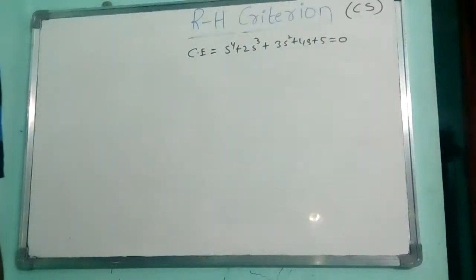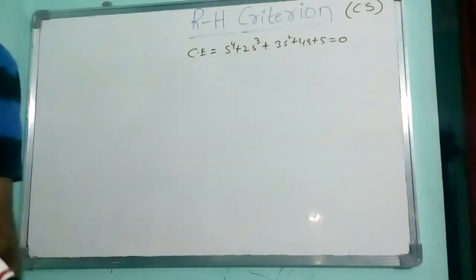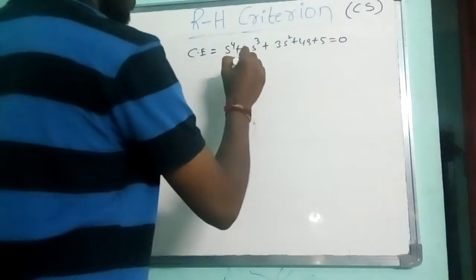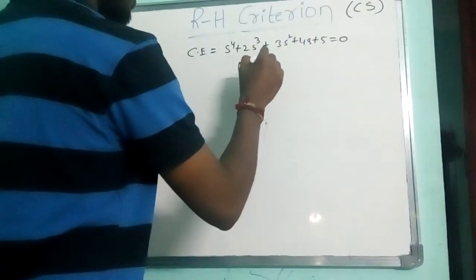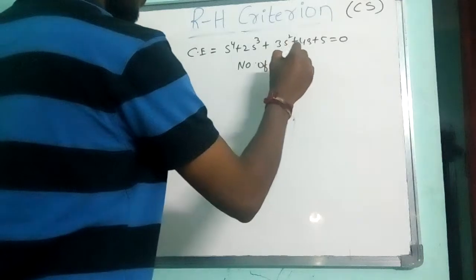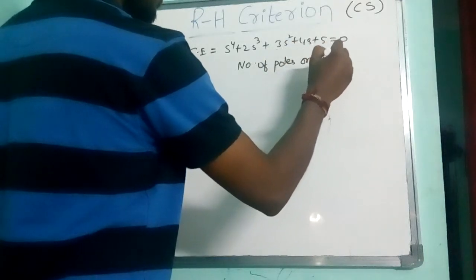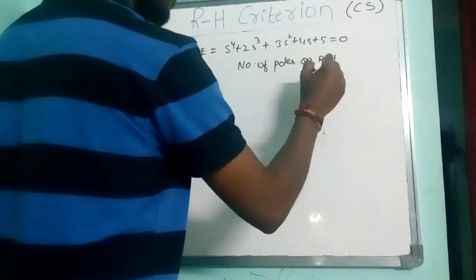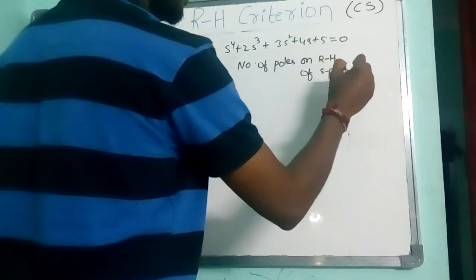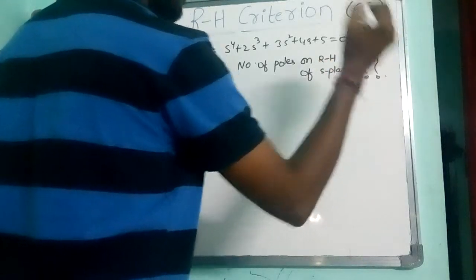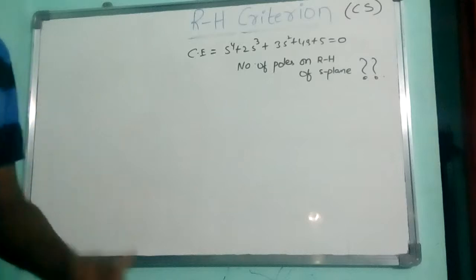They are asking for the number of poles that lie on the right hand side of the S plane. How many?